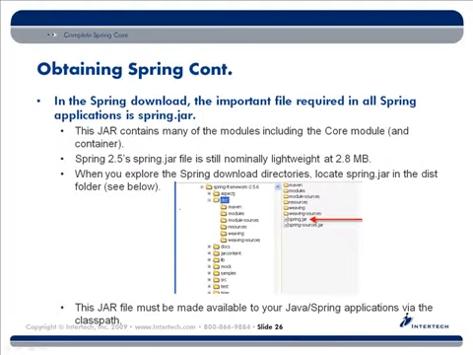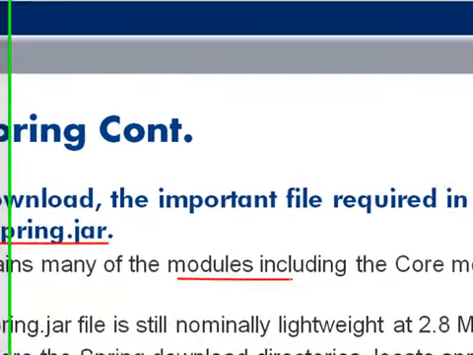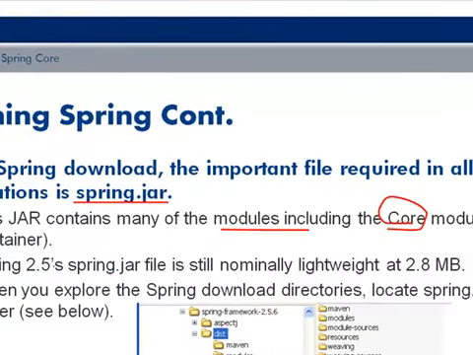Now, in the Spring download, what are you going to find? Well, in particular, in that download, you should find the spring.jar file. That jar file, again, contains many of the modules we talked about, not all of them, but many of the modules we talked about, including the most important of those, which is the core module, giving us, again, the Spring container and the basics of the Spring API. In Spring 2.5, the Spring jar file is still fairly lightweight, 2.8 megabytes.